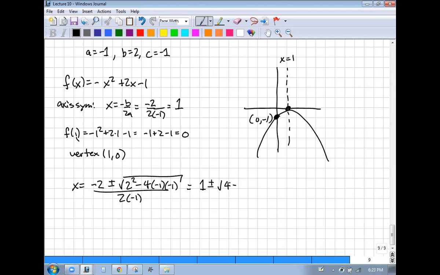Minus minus minus is a minus 4. And this is over a negative 2. Well, this is 0. I'm doing 1 plus or minus 0. So this is either 1 or 1. Well, what is that point right there? We already said it's 1, 0.